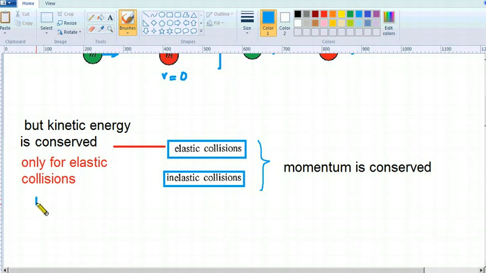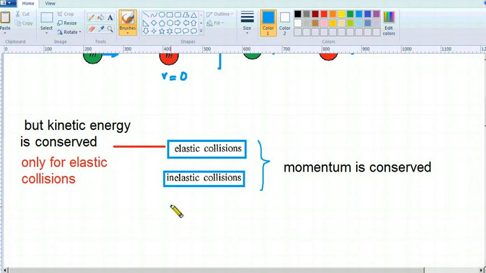Before the collision, the kinetic energy, half mu squared, of the total objects is equal to the final, after collision, half mv squared, the total kinetic energy of all the objects.